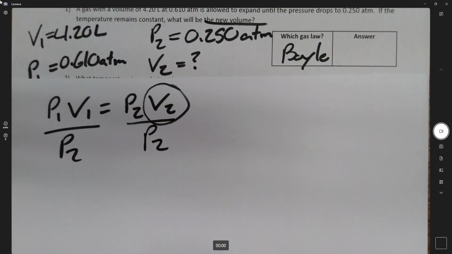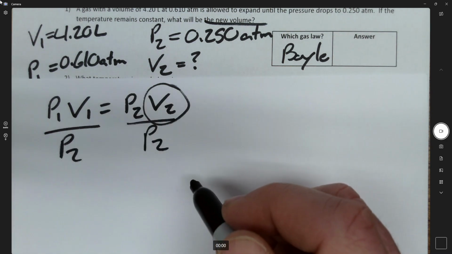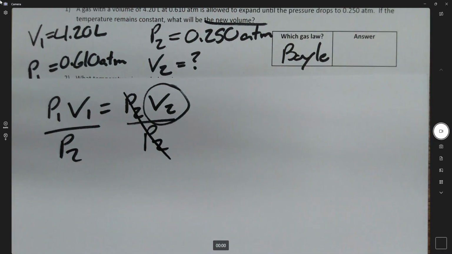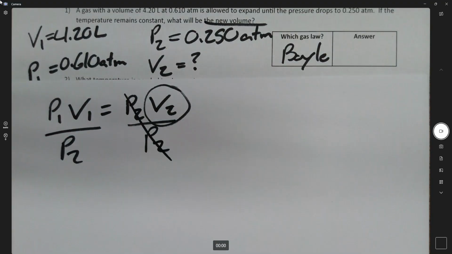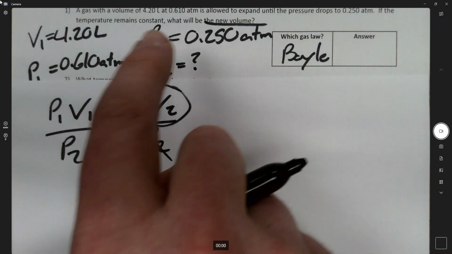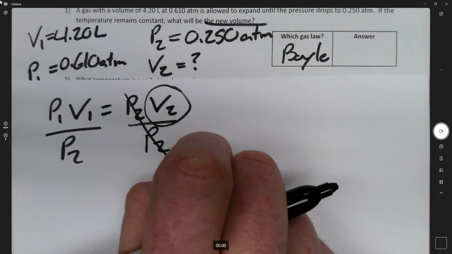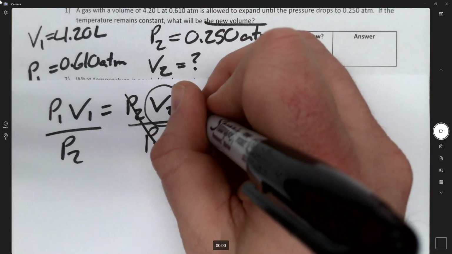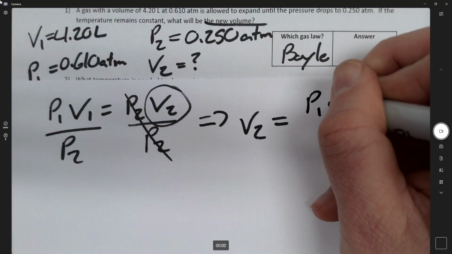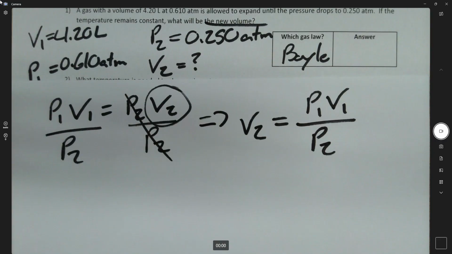Now, very important, if I have the same number and variables in my numerator and my denominator, they will cancel each other out. I know P1 and P2 will not cancel each other out because P1 is 0.610 and P2 is 0.250, meaning they do not equal each other. So I can rewrite my equation as V2 equals P1 times V1 divided by P2.